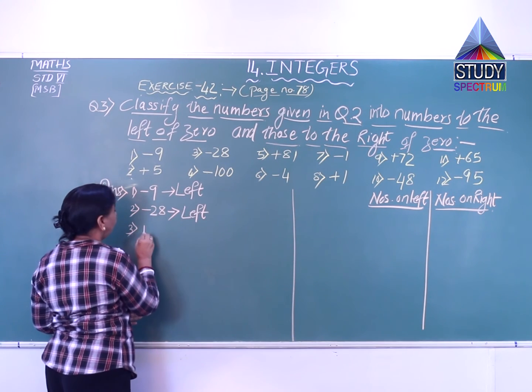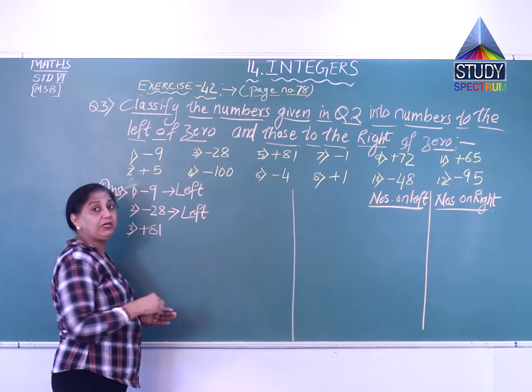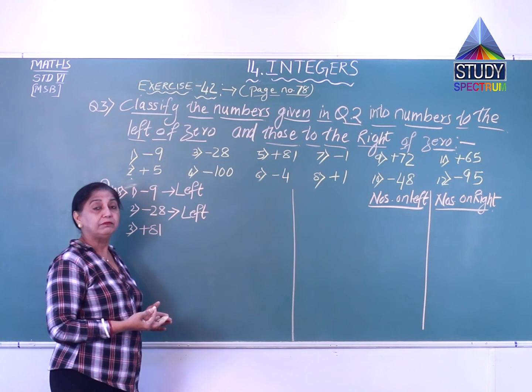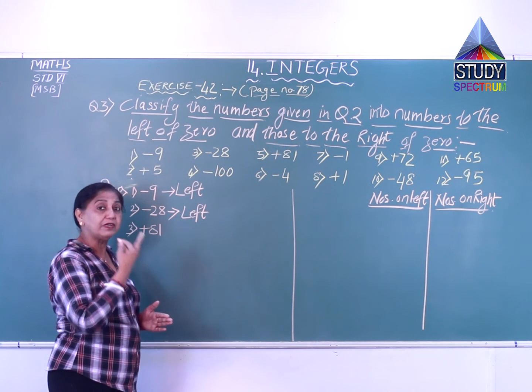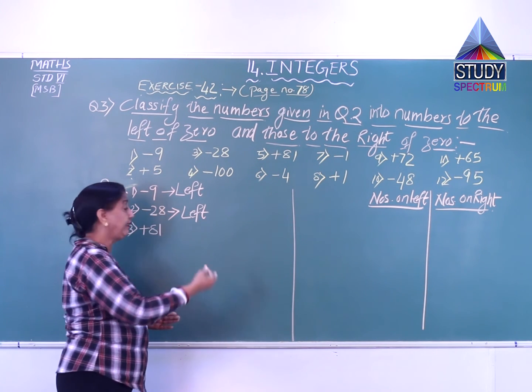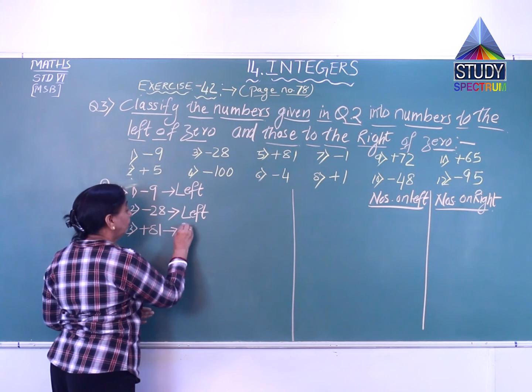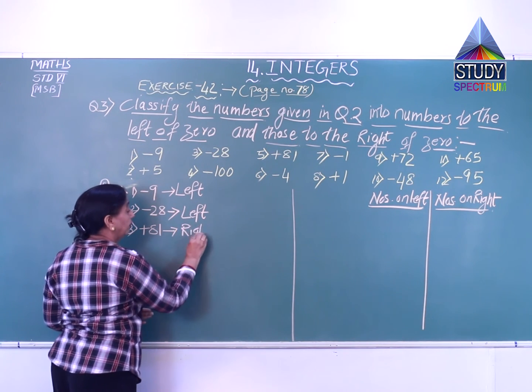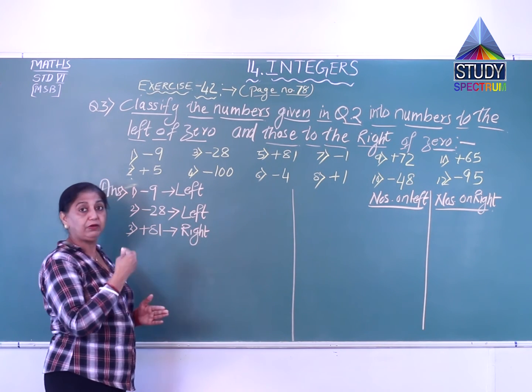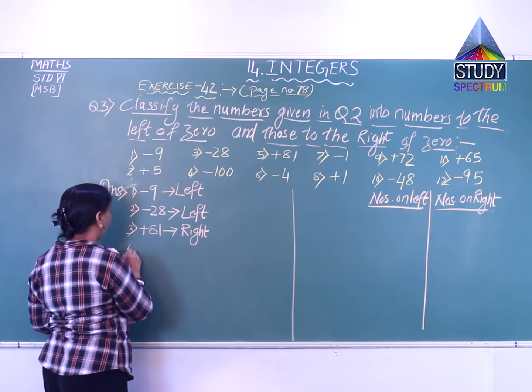Then the third one I can take. Third is what? Positive 81. So positive, where will it go? Positive, certainly it will be on the right hand side. So here you will write right. We can write the short form also.